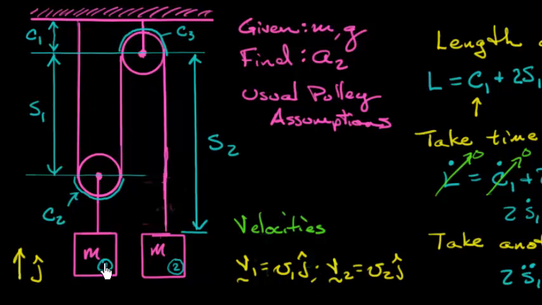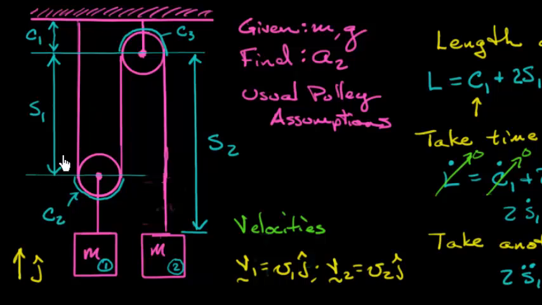So now what I'd like to do is make a connection between these components of velocity, v1 and v2, to the time derivatives of s. So let's do our little thought experiment once again, in which we say, let's suppose, for example, S1 is growing at a rate of 2 feet per second. So S1 dot is positive 2 feet per second.